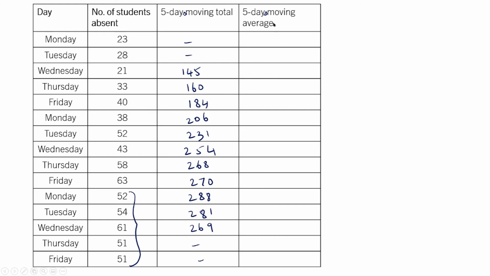Now to find the 5 days moving average, we have to divide each of these values by 5.